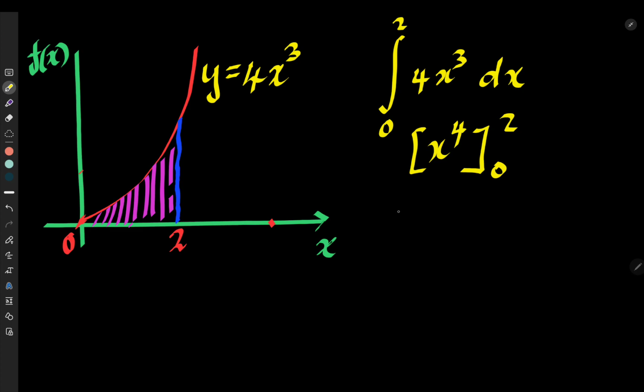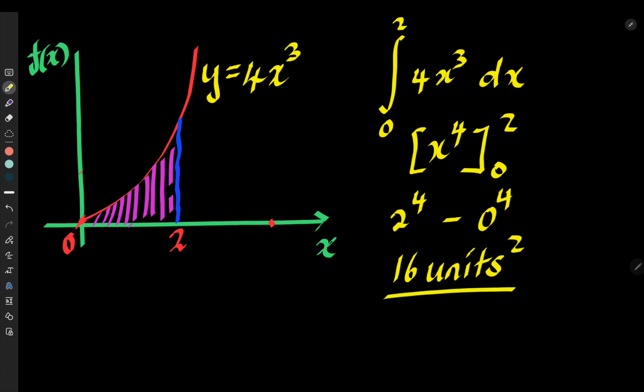Then we evaluate at 2, that will be 2 to the power 4, minus the function of 0, that will be 0 to the power 4. Then the area will be equal to 16 units squared. That is how you determine the area bound by the curve 4x cubed and the lines x is equal to 0 and x is equal to 2.